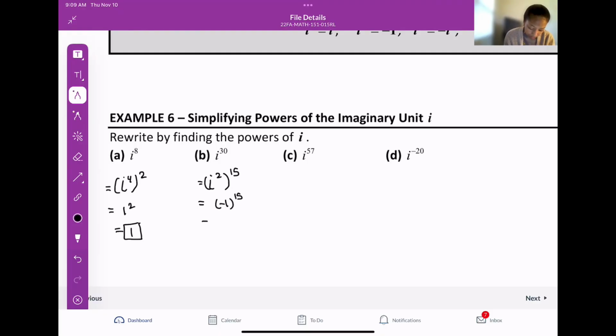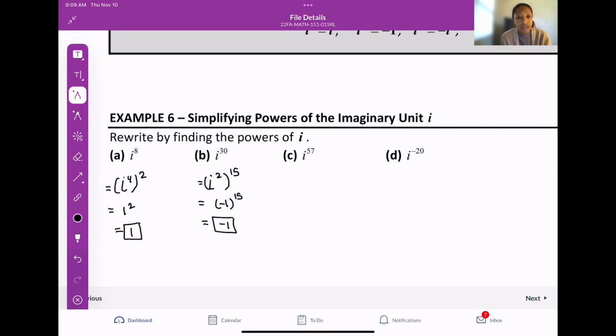And then we know -1 to the 15th power would be -1. So we can use properties of exponents to simplify and rewrite this. Now these worked out nicely because 8 is a multiple of 4. Cool. 30 is a multiple of 2. Cool. Next one, i to the 57th power.